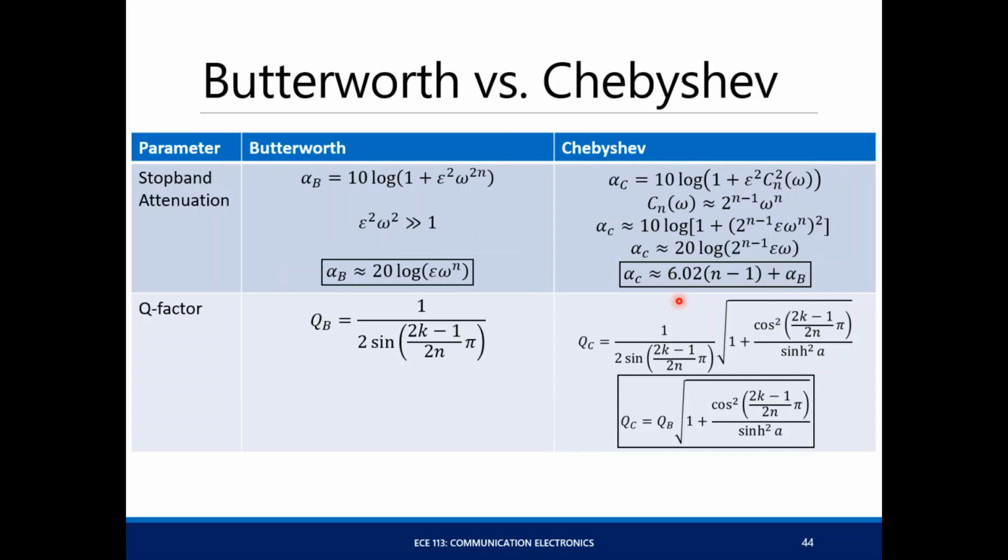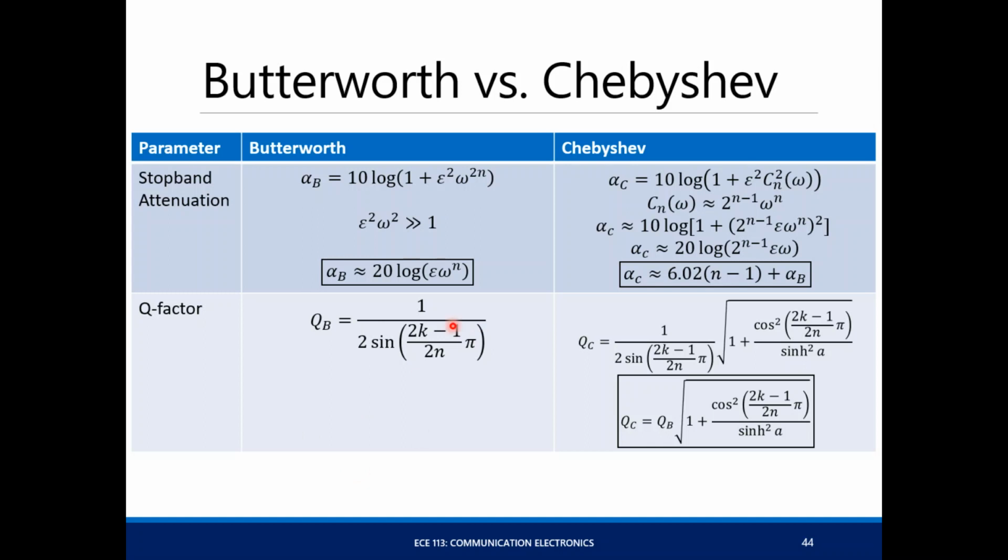In terms of equations, your Butterworth has a stopband attenuation equal to this. Your Chebyshev is only approximately equal to this value. Okay. The Q factor is easily defined since all of the poles are on a unit circle.